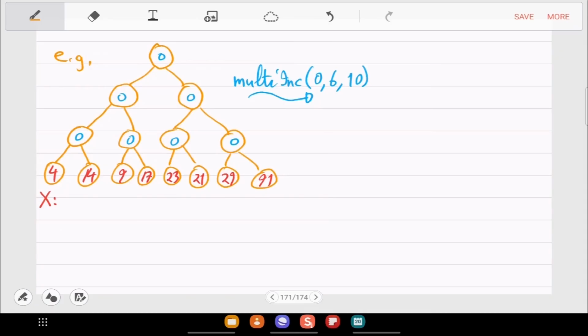So we'll add 10 in the lowest possible place and not above. Because if you add 10 in the third layer and also the second layer, and the parent is also 10, then intuitively it adds up to 10 plus 10. You don't want that.